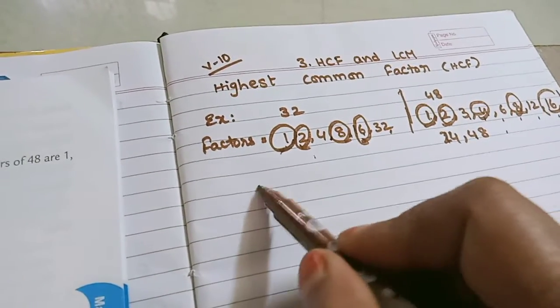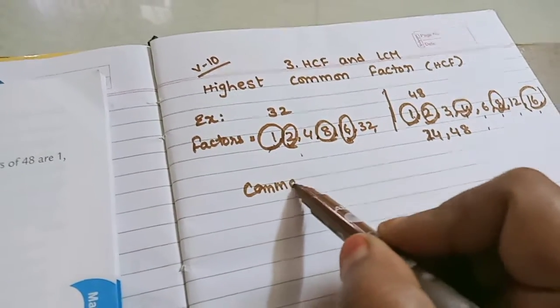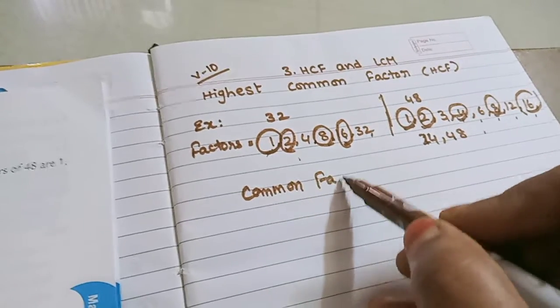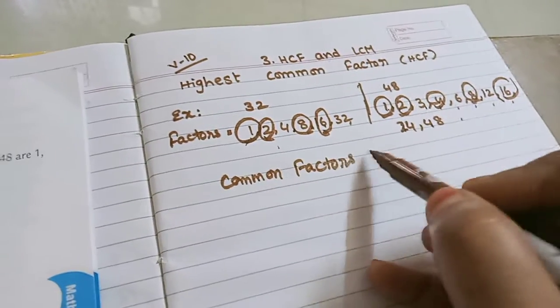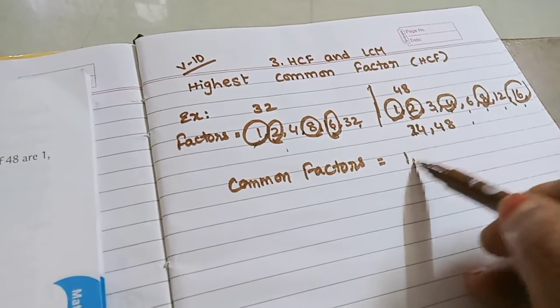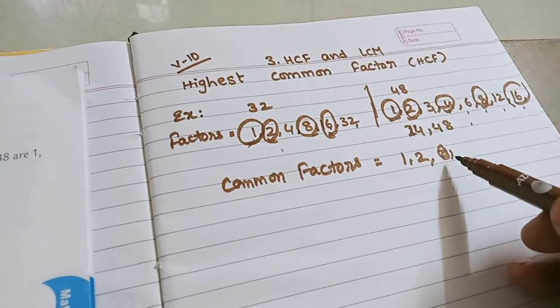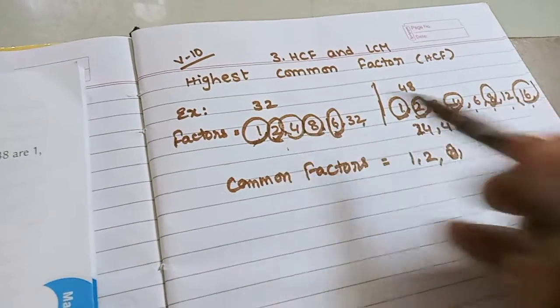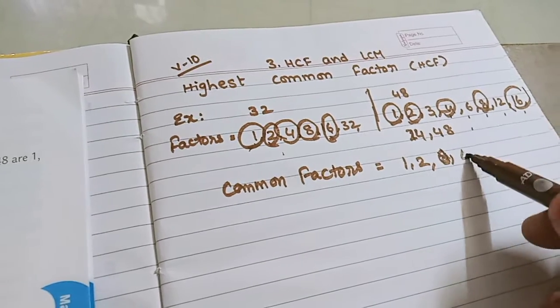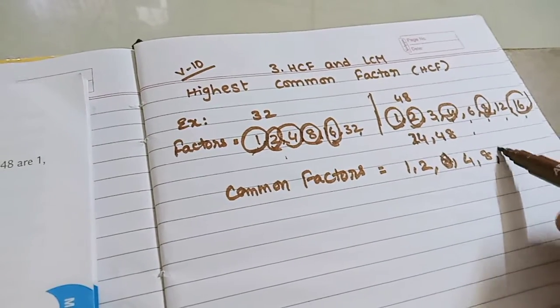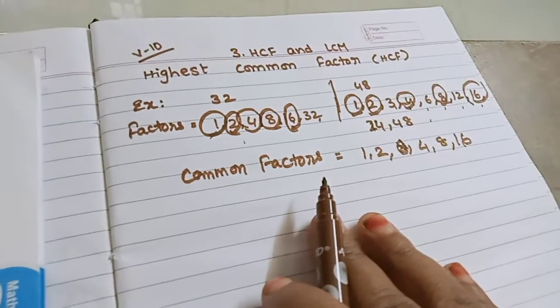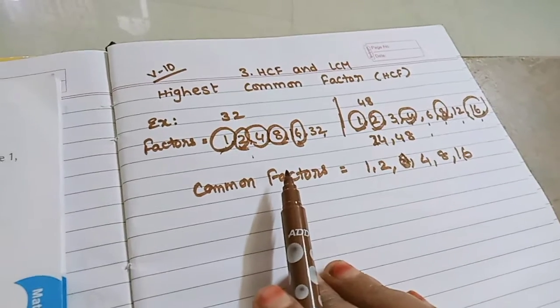So what are the common factors? 1, 2, 4, 8, 16. These are the common factors.